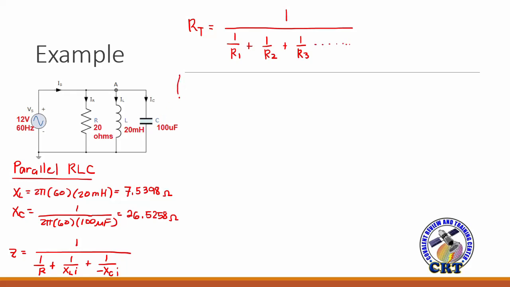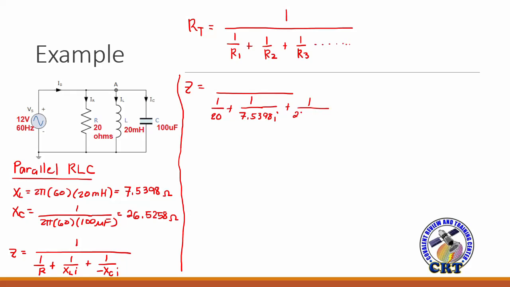For the substitution, let us use this space. So 1 over R, which is 20, plus 1 over 7.5398 i, plus 1 over 26.5258 i, and this is negative.